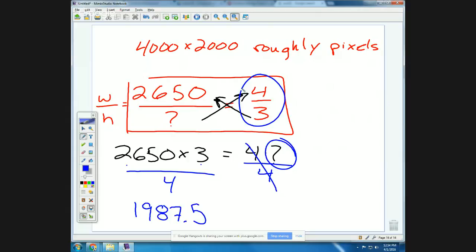Okay? Those two rectangles have the same exact shape, whether we call it pixels or inches. All right, let's try another one.